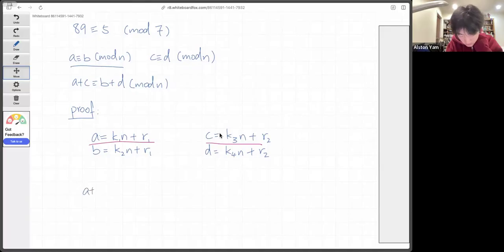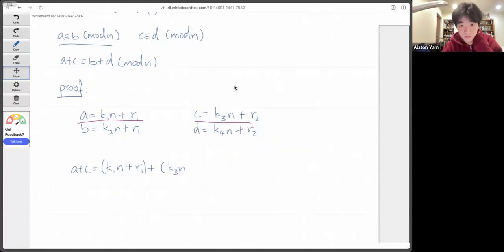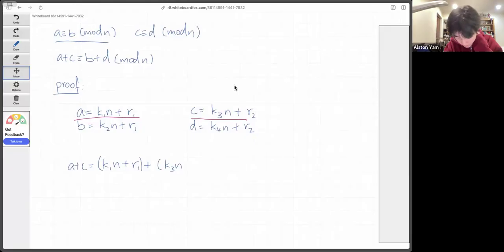So A plus C will equal K1n plus R1, and we will add that to C, which is K3n plus R2, right? Because we've just used our assumption from before.